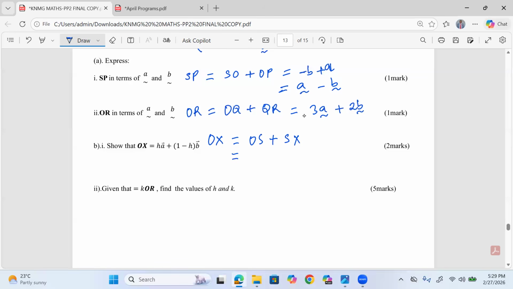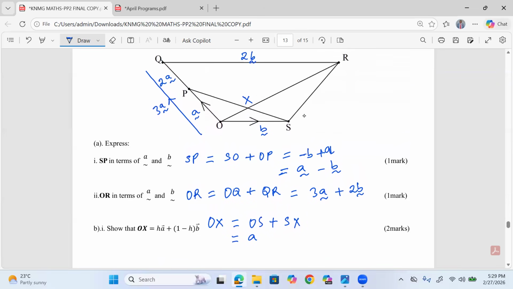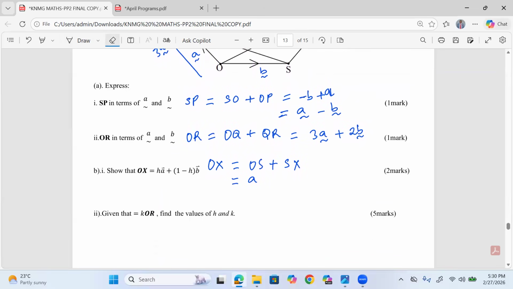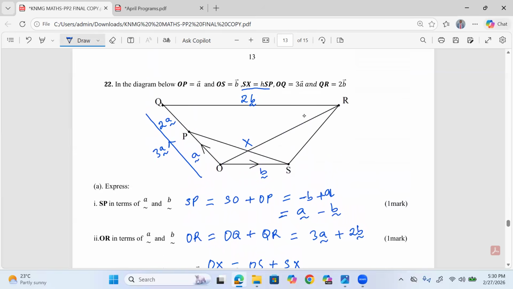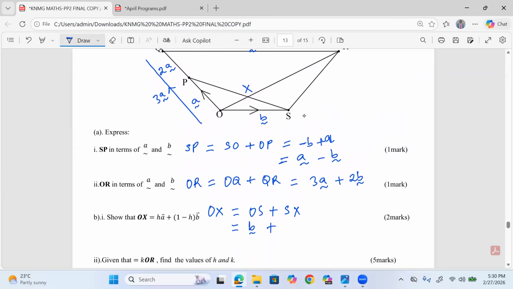Then OS is vector A. Is it A or B? Let's check. That's vector B plus SX. SX is equal to H SP, and SP is here. So H A minus B.